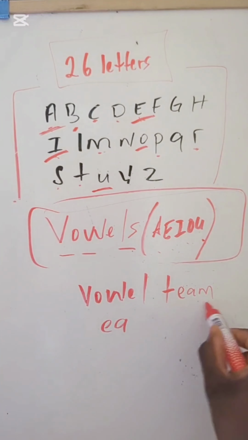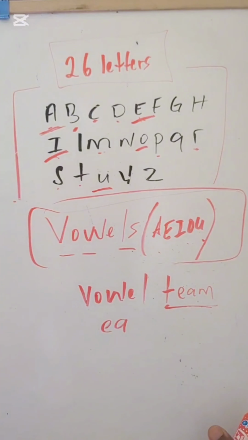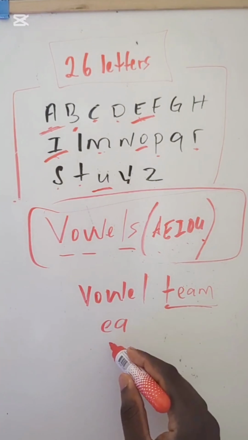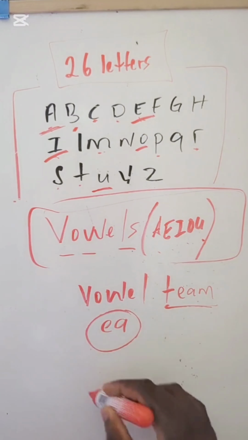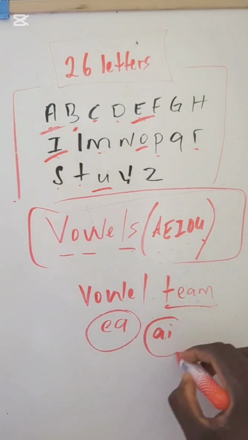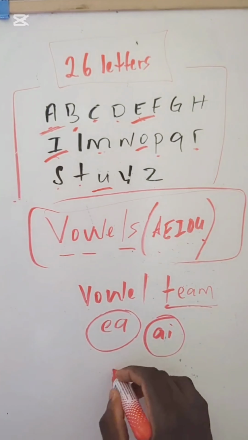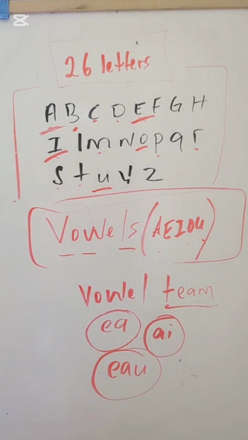A team is where more than one person combines together to form one team. See? So this is a team. This is a team. This is a team. And so on and so forth.